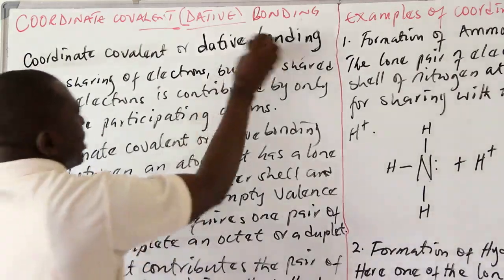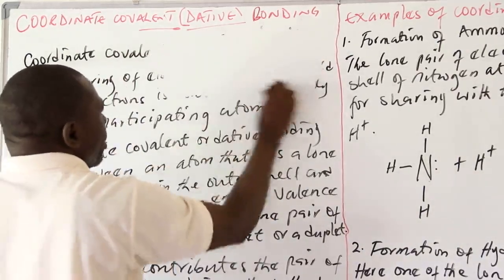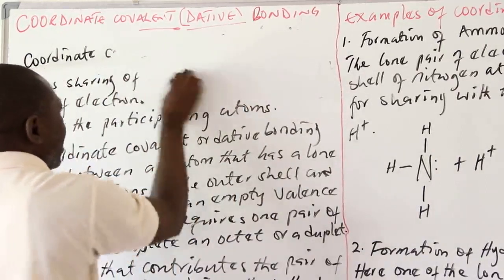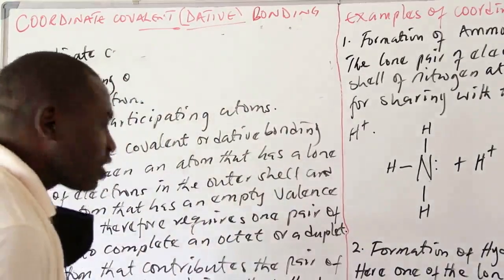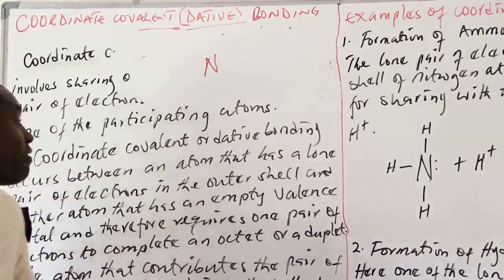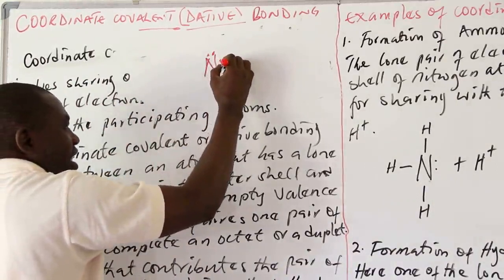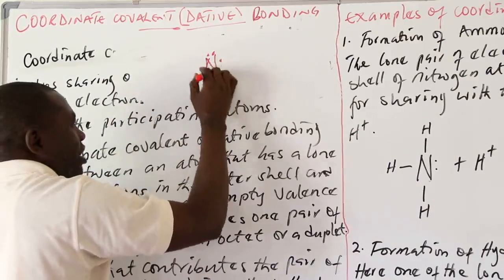Let me quickly do a little explanation here to see what we mean by a lone pair of electrons. Like nitrogen, you know nitrogen is group 5. And group 5 elements have what? 5 electrons in their outer shell.